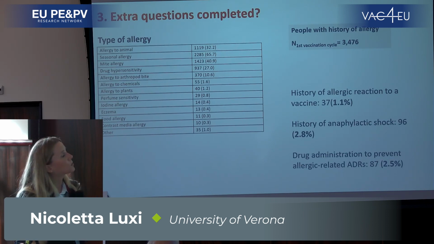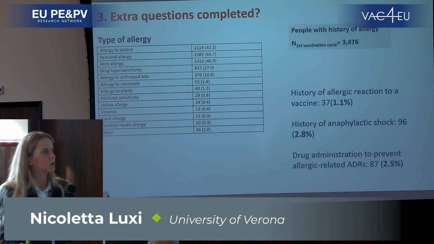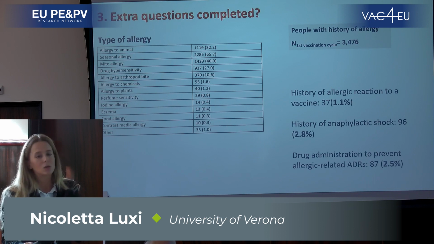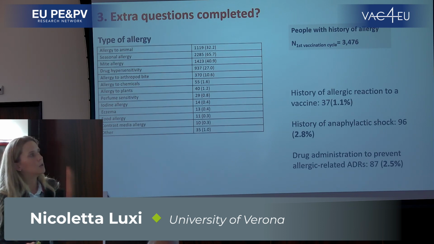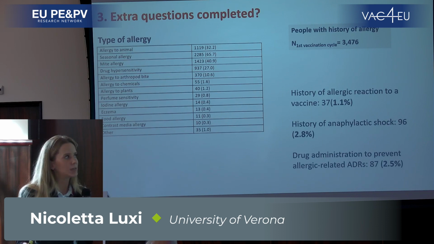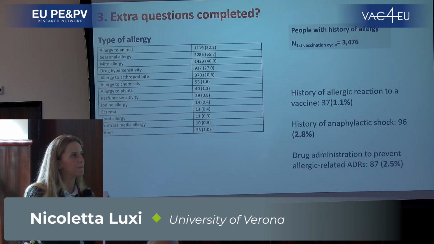We know that almost all of those vaccinees completed the reported information about the type of allergy that they had, but what about the other questions? So maybe it could be useful also in this case to have clinicians ready to support in all the phases, also in filling in the questionnaire.